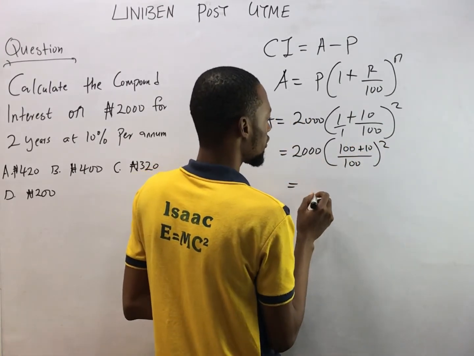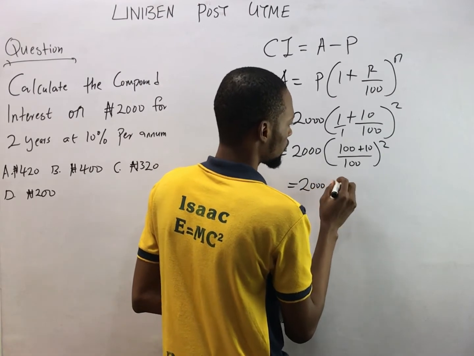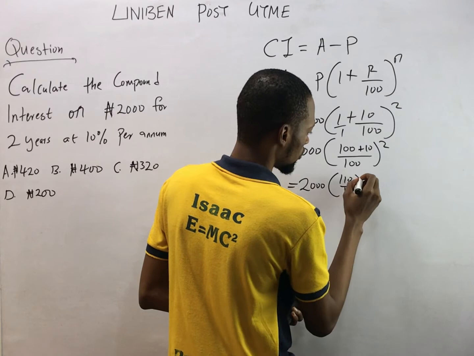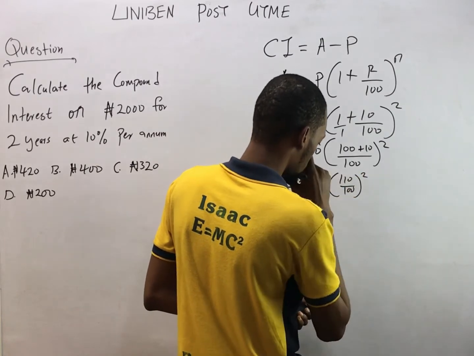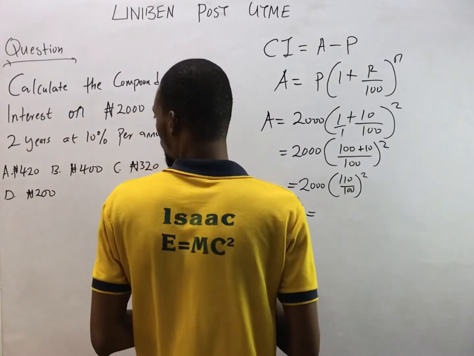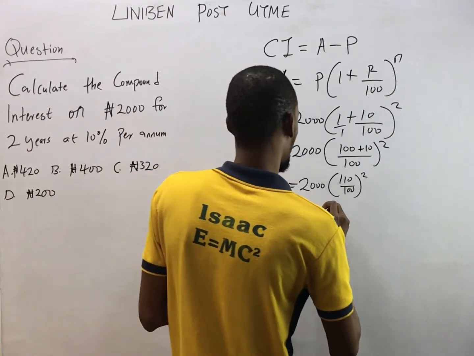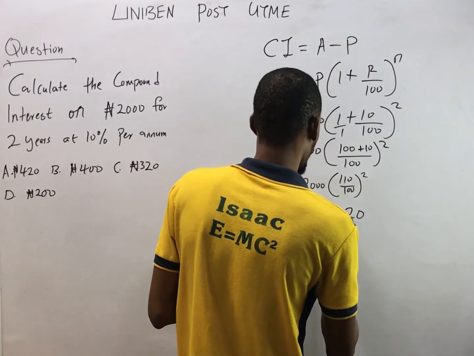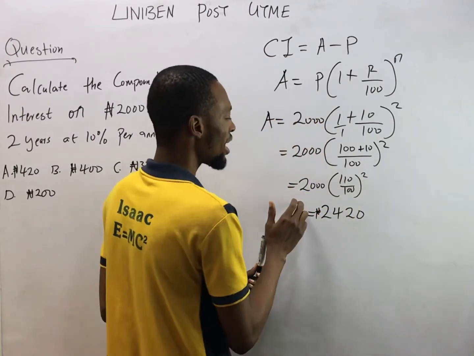So in this case, this would give you 2,420 naira. So this is your amount.